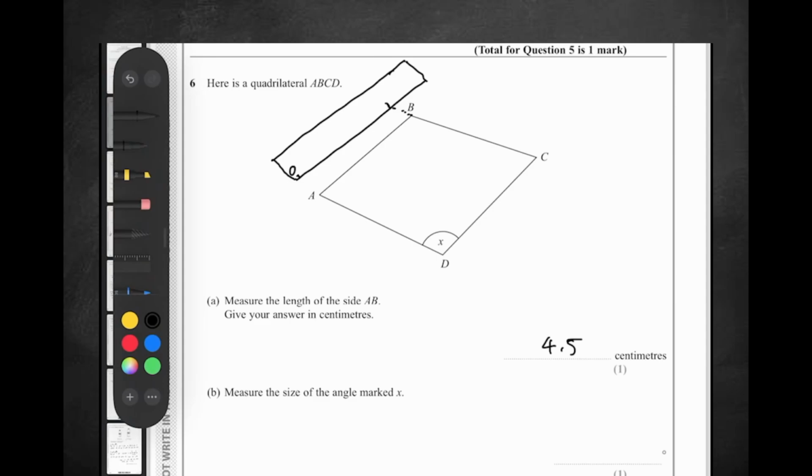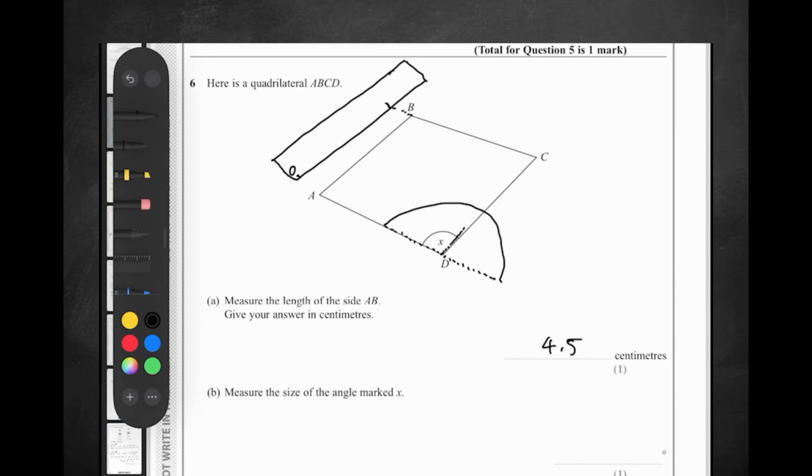And then similarly, for your protractor, for part B, you're going to want to put it so that your 0 line goes like this. So this is my protractor, basically.